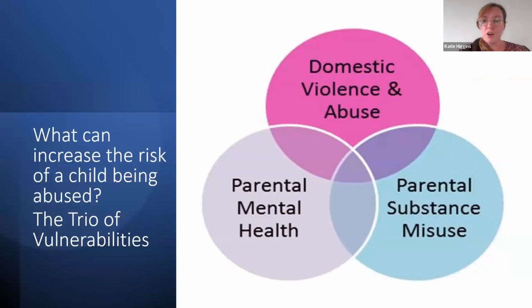So other risk factors of child abuse: in the literature years ago, they identified these 3 themes and they named them the toxic trio. More recently, it's been renamed as the trio of vulnerabilities.